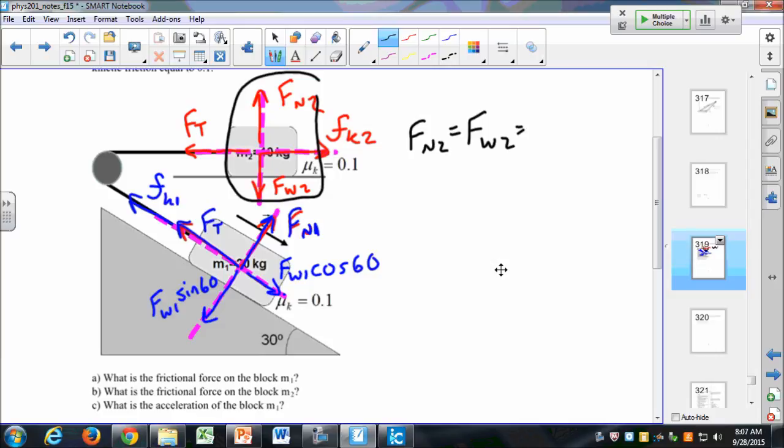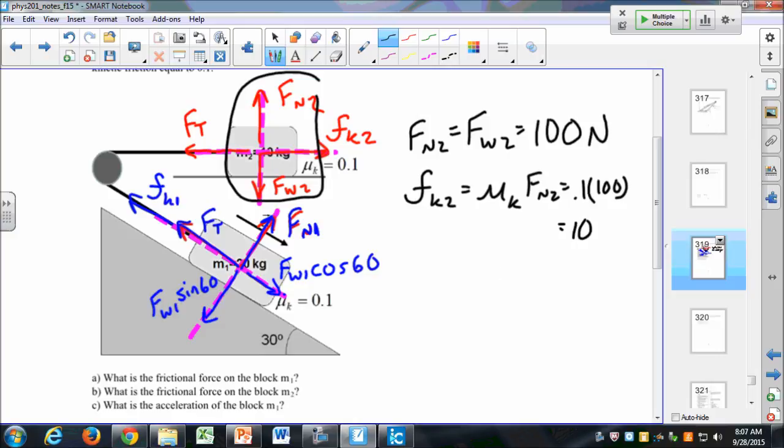That was 10 kilograms, right? So this is 100 newtons. And then if I want to find Fk2, it's just equal to mu k times Fn2. That's 0.1 times 100. That's 10 newtons. So that's my first frictional force.